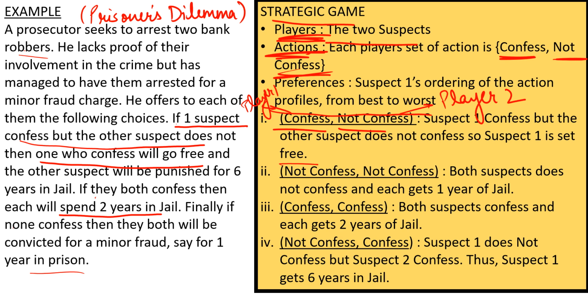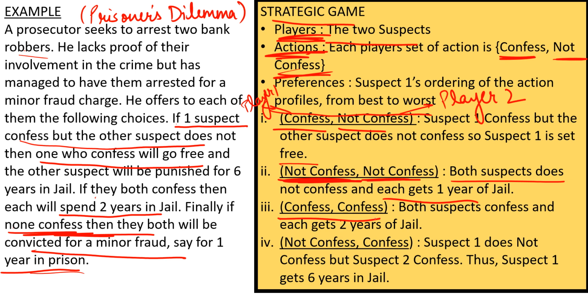Then next I'll try, okay, if I'm not getting free, then let's try for 1 year imprisonment. That will be the case where, if none confess, then they both will be convicted for minor fraud, say 1 year in jail. So both suspects do not confess and each will get 1 year of jail. Then my choice will be, okay, if this is also not possible, then let's both of us confess.